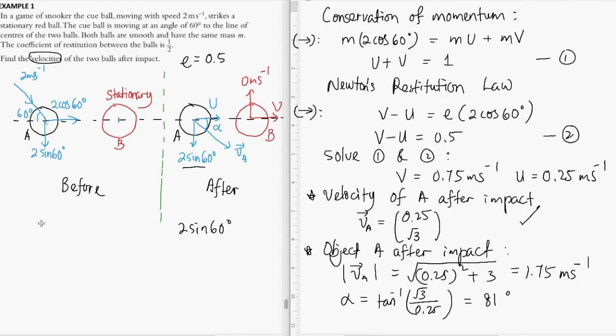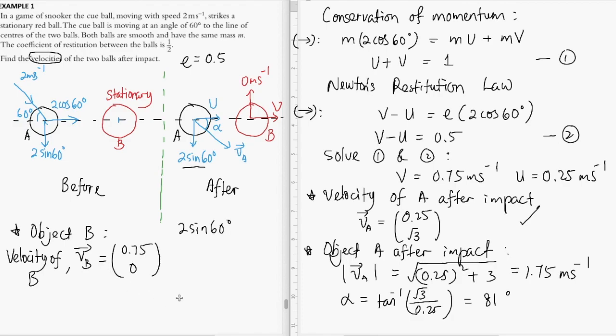As for object B, it is more straightforward because there is no vertical component acting on B. You can write down its vector representation first: the velocity of B is given by 0.75, and there is no vertical component.